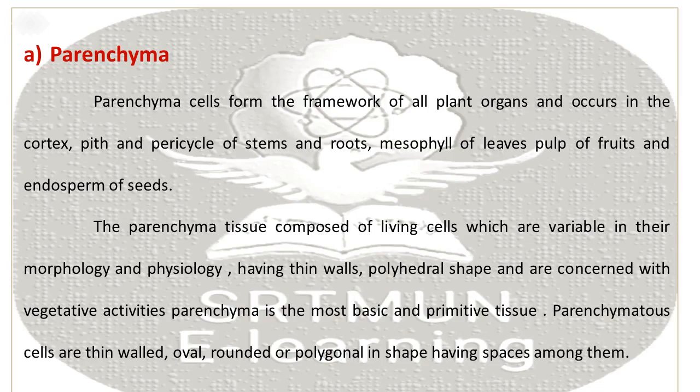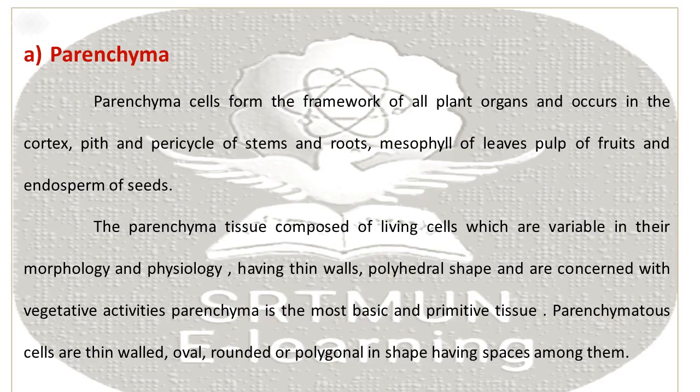The parenchyma tissue is composed of living cells which are variable in their morphology and physiology, having thin walls, polyhedral shape, and are concerned with vegetative activities. Parenchyma is the most basic and primitive tissue.